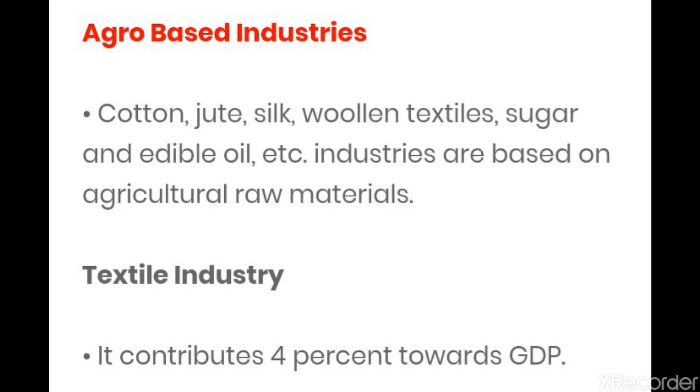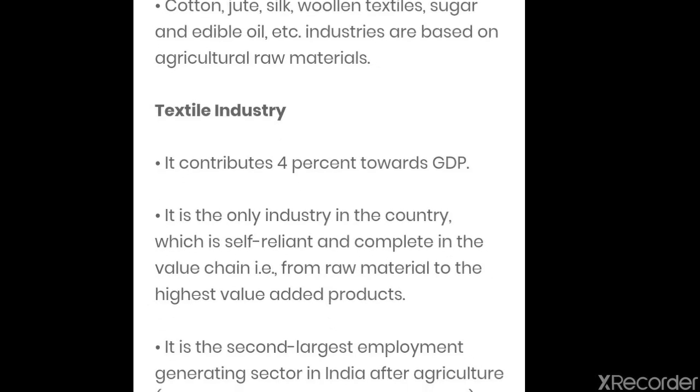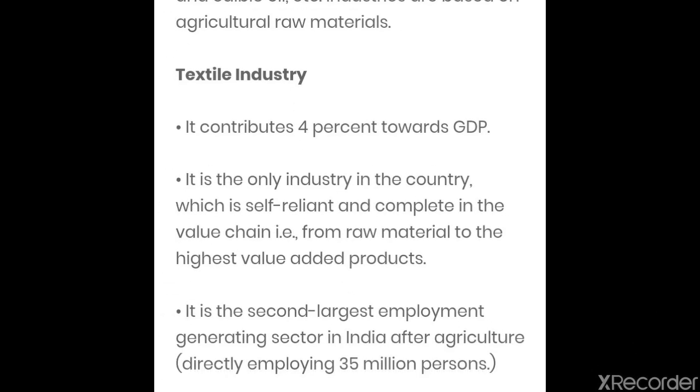Examples of agro-based industries are the cotton industry, the jute industry, silk, woolen textile, and the sugar industry. All these are examples of agro-based industries. The first agro-based industry that we would be discussing is the textile industry.